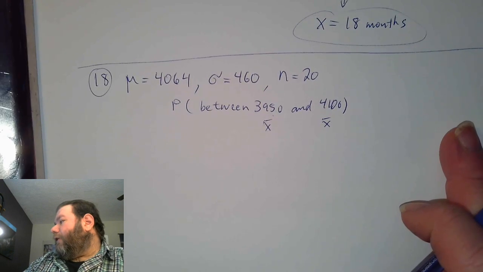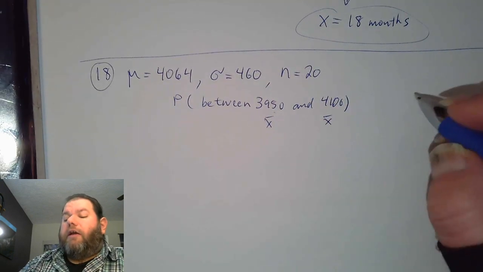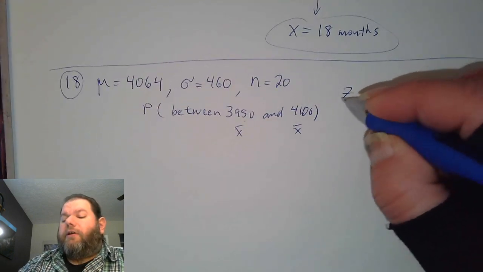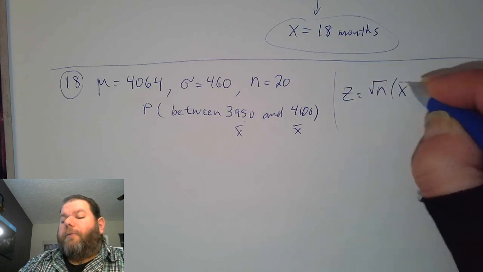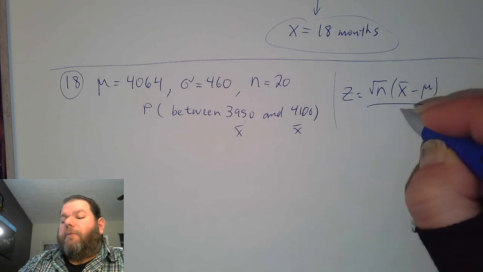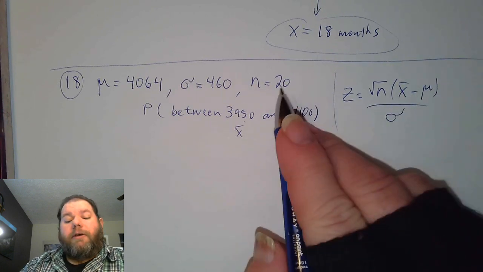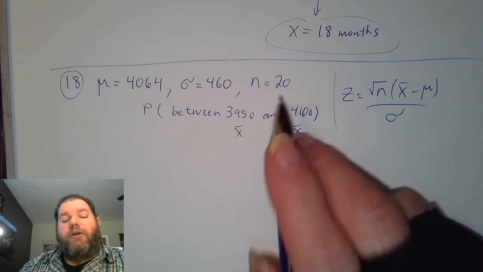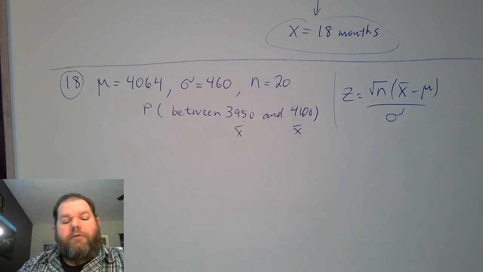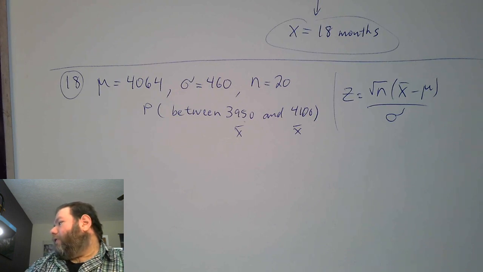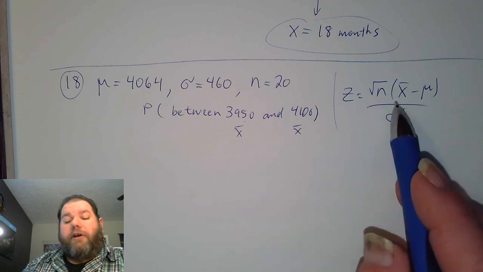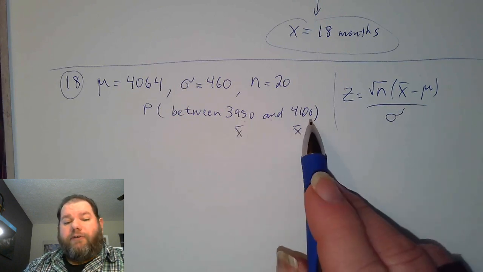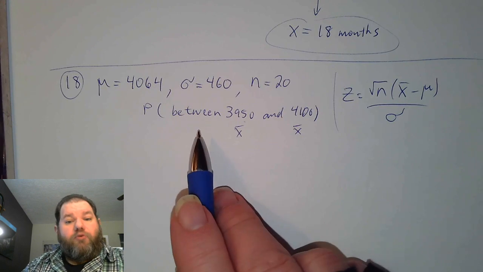So each of those is x bar, and for this one we're going to use z equals square root of n times x bar minus mu divided by sigma, since we're talking about a sample of 20 individuals rather than one individual like we did in problem 16. And we have two different x bar values, so we have to calculate this twice, one for each of these two values, whenever it says it's between two numbers.